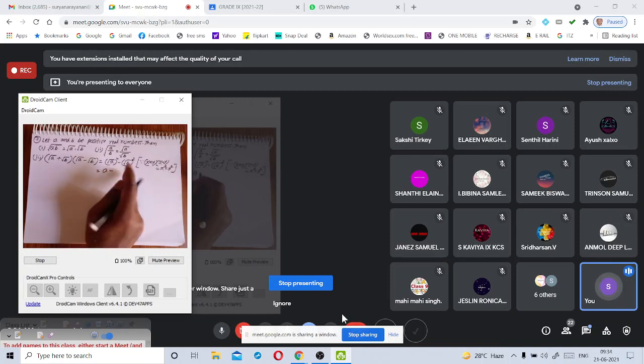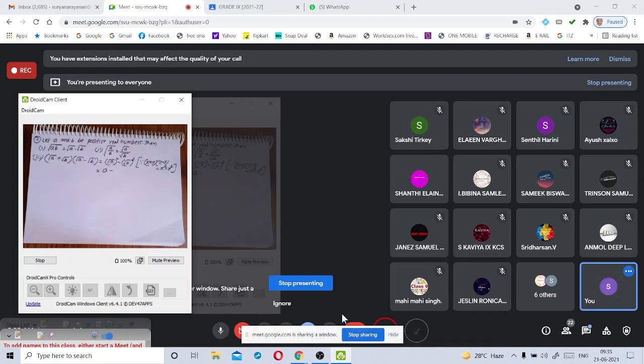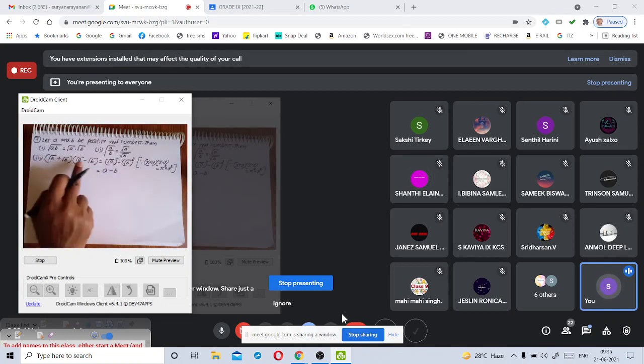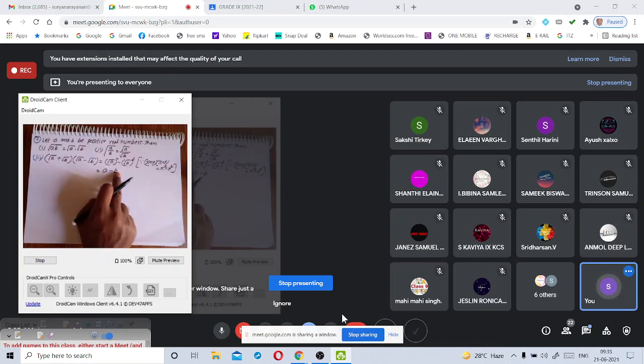Now come to the second term. Here also we follow the same rule. Cut the square root symbol and square. What will you get here? Second term, what is it? Yes, very good, b. So root a plus root b into root a minus root b is equal to a minus b.